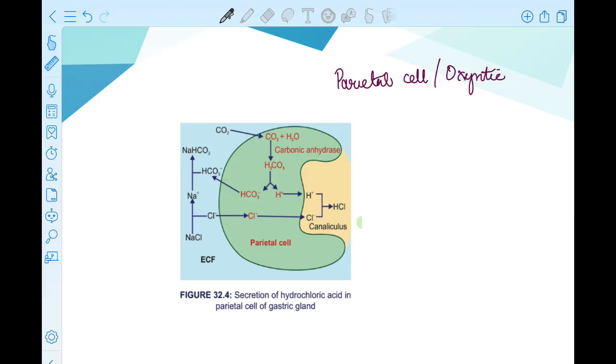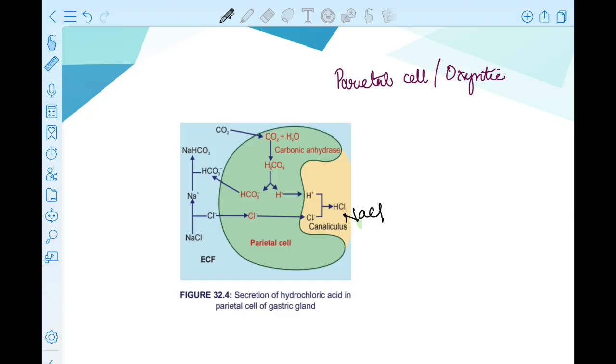Then there is chloride from the sodium chloride, NaCl, in the blood. The chloride from the sodium chloride in blood is pumped inside the parietal cell. So H plus goes outside the parietal cell and chloride comes inside.